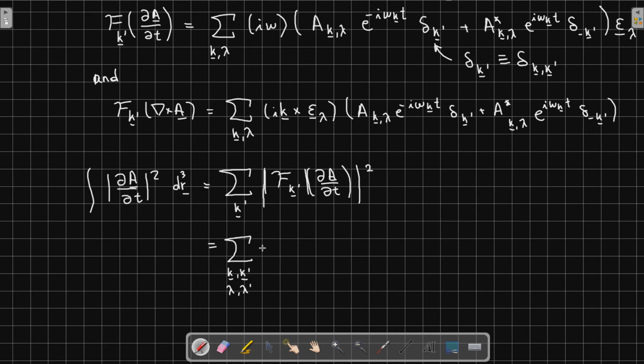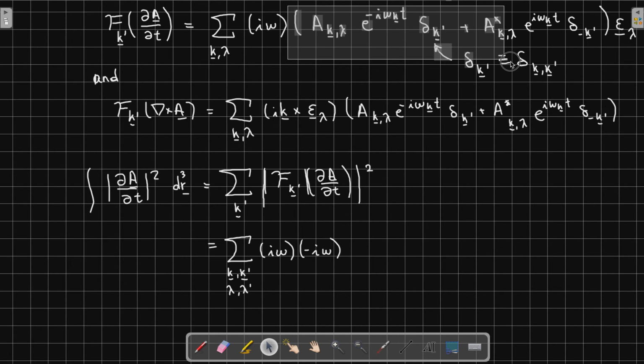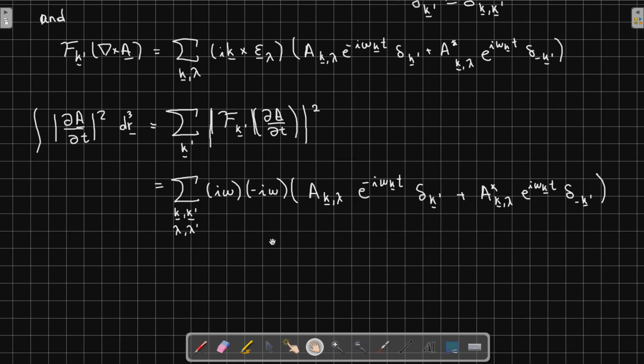Okay, so I will get i omega times the complex conjugate, so minus i omega. Then I will get this whole thing, hoping I can copy it somehow. There we go.